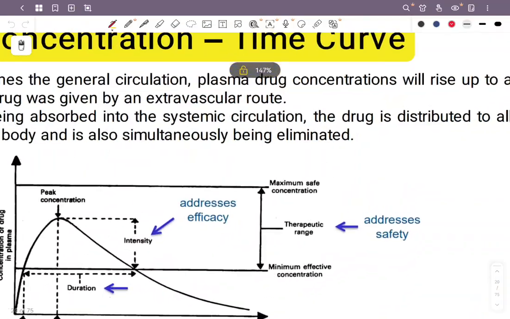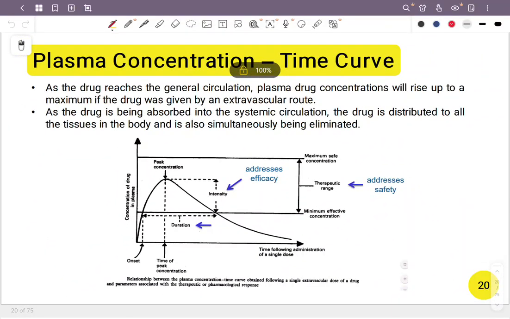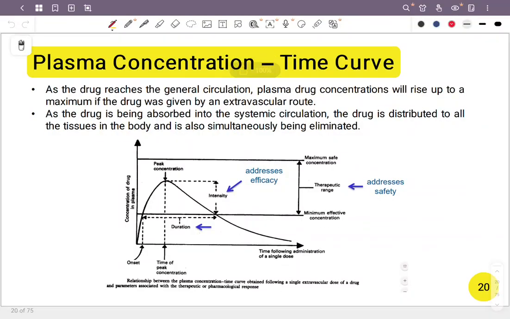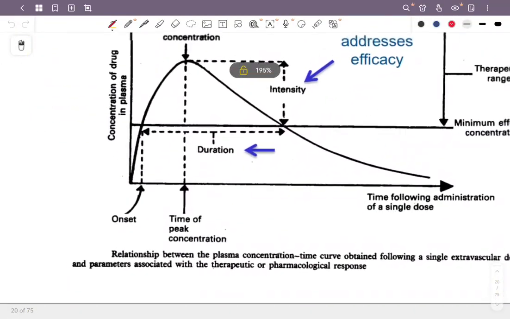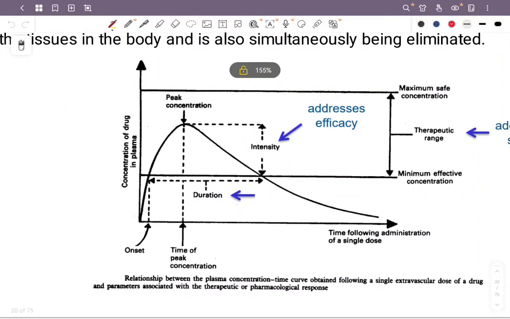So kana ha, take note of our mga parameters or parts of the plasma concentration time curve. Dapat kabalo mo ha kung asa siya. So, kunwari kani nga point, this is our minimum effective concentration.